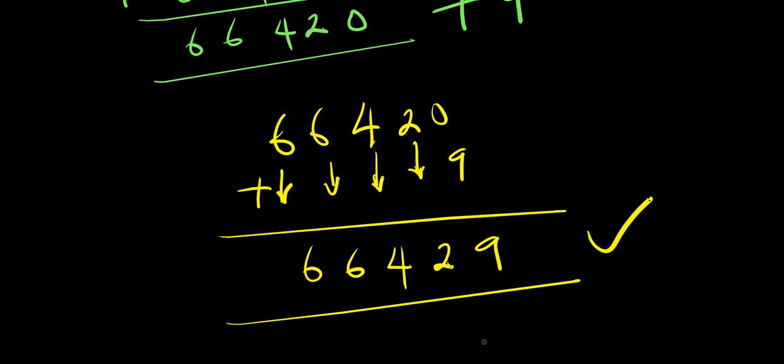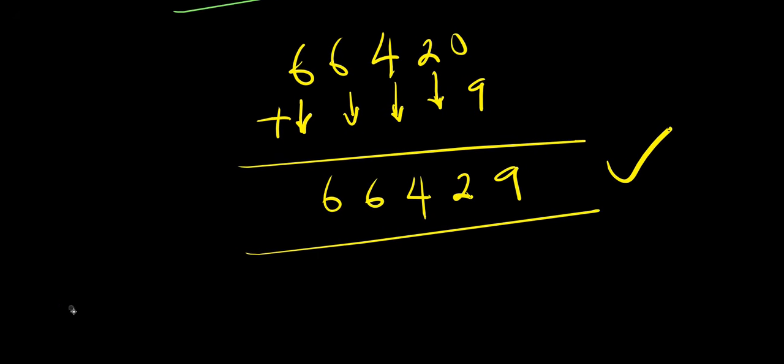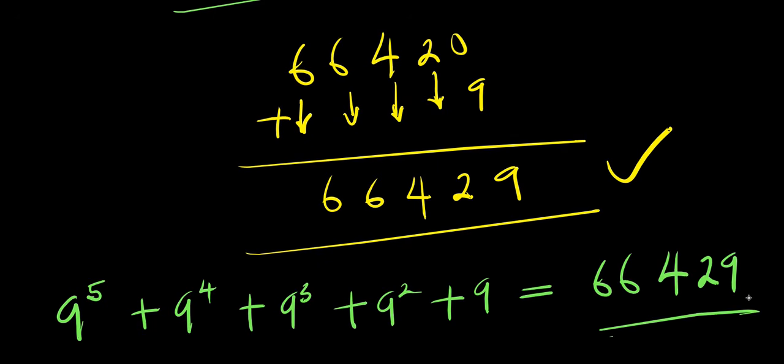So this becomes our answer for 9 power 5 plus 9 power 4 plus 9 power 3 plus 9 power 2 plus 9. This equals 66,429. And we have achieved this without the use of a calculator.